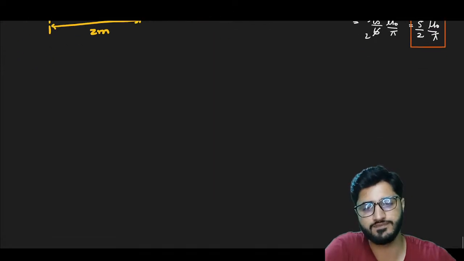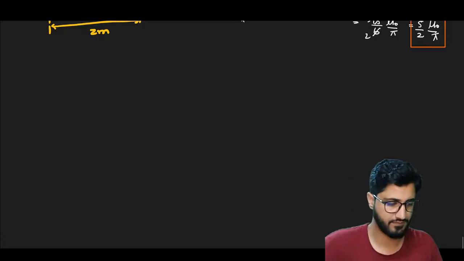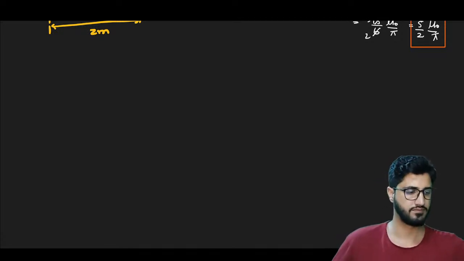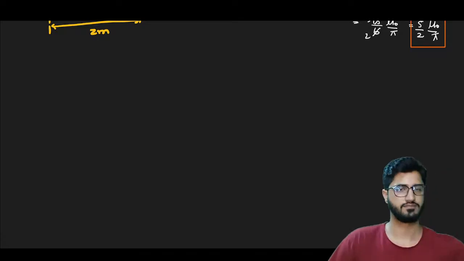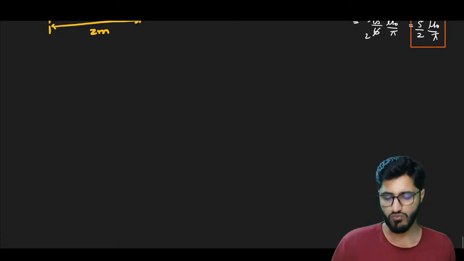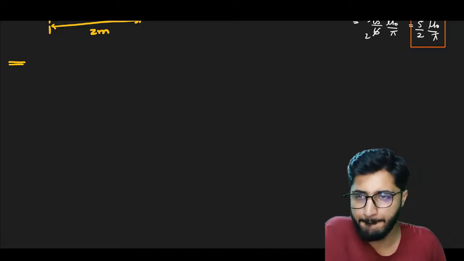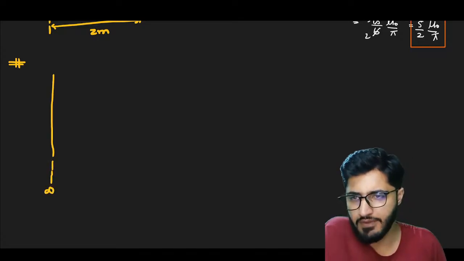Now look, one more numerical. We are having a wire, suppose an infinite wire, coming from infinity and going towards infinity.